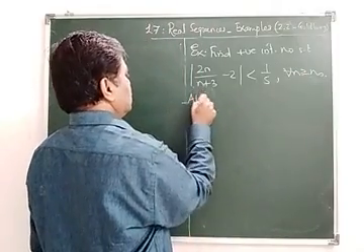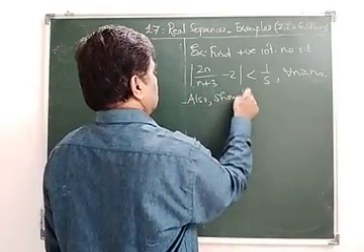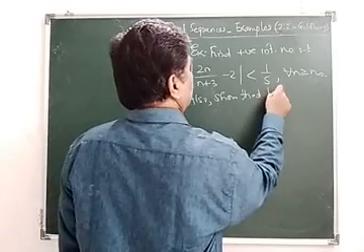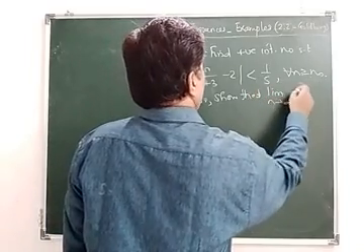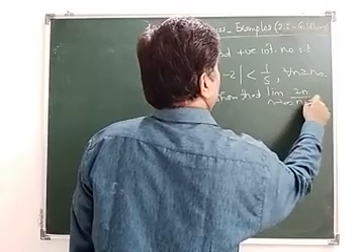Also show that the limit of 2n upon n plus 3 is equal to 2.